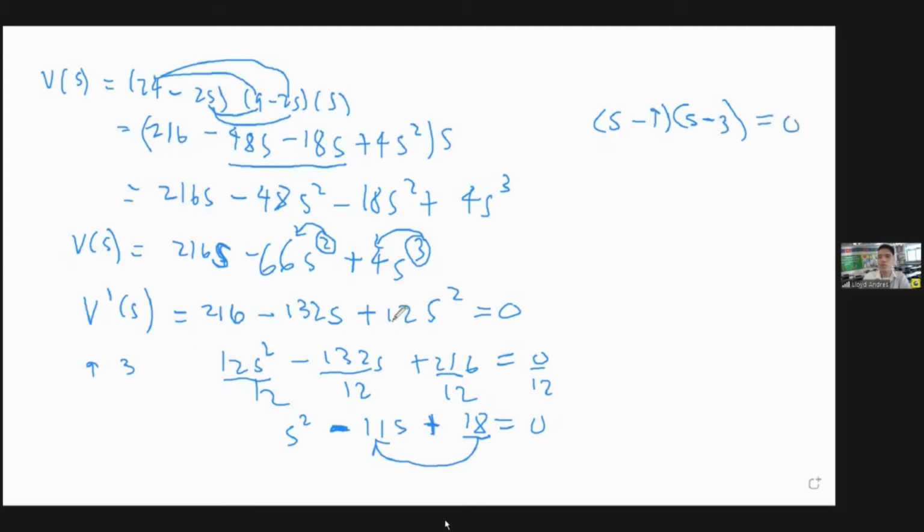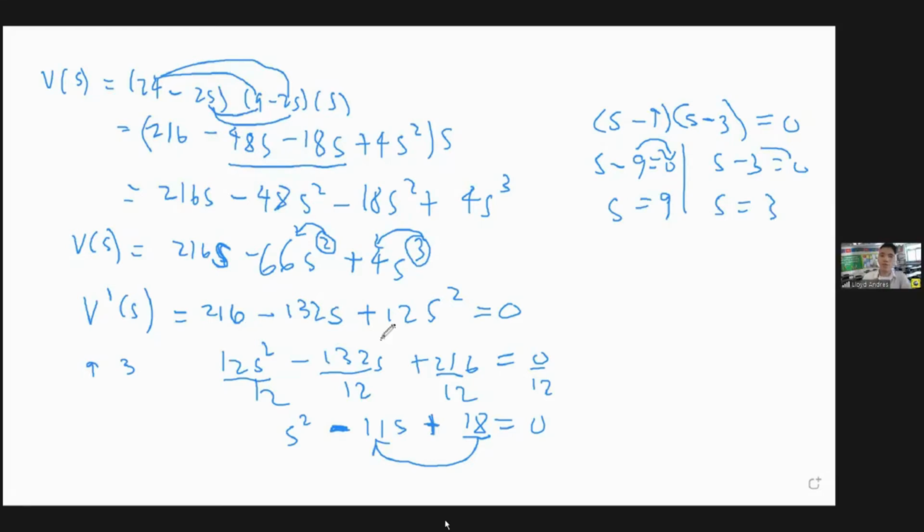Applying the zero property of equality, s minus 9 equals 0 or s minus 3 equals 0. Then by the addition property of equality, s equals 9, while the other is s equals 3.